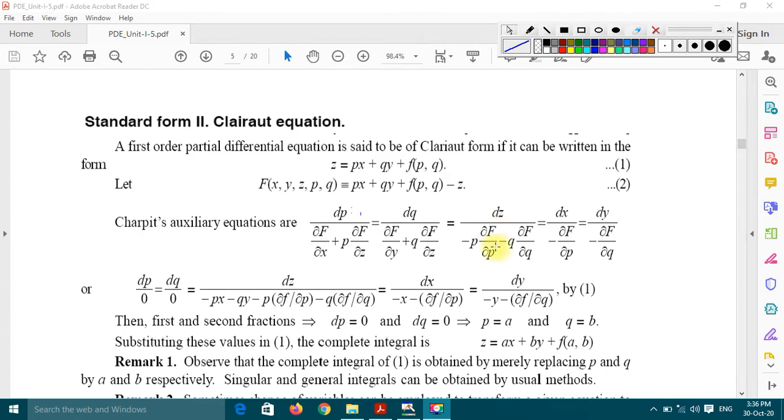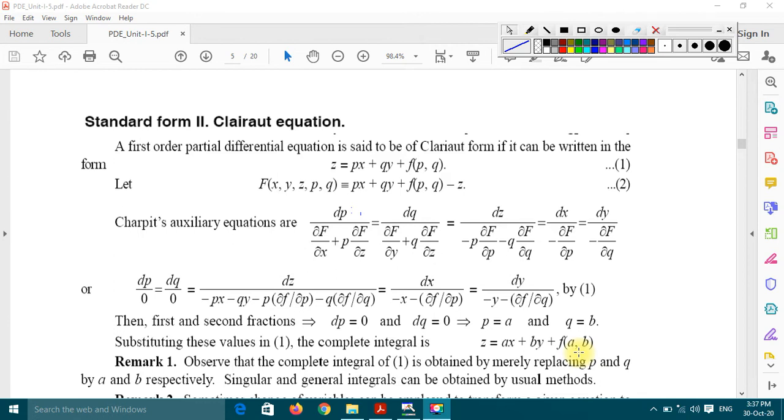In a similar manner, when Clairaut developed that equation, he applied that idea to generalize it. When the equation of two variables is in the form z is equal to px plus qy plus f(p,q), then its solution will be z is equal to ax plus by plus f(a,b).